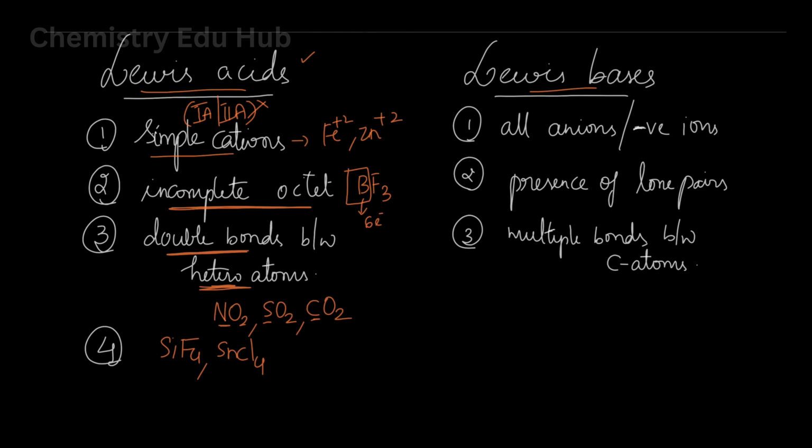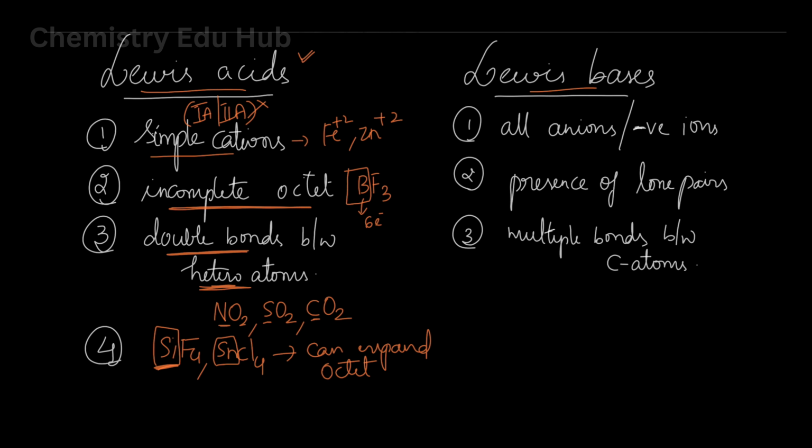The molecules which can expand their octet, for example silicon tetrafluoride or tin tetrachloride, where tin and silicon have d orbitals and can accept a pair of electrons and expand their octet, can act as Lewis acids. These are a few sets of molecules which can act as Lewis acids.